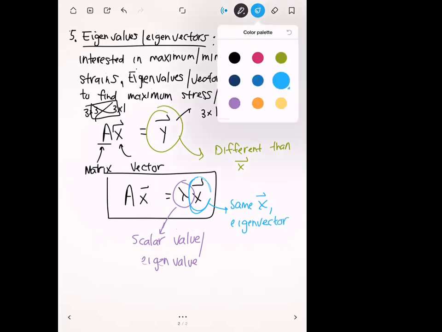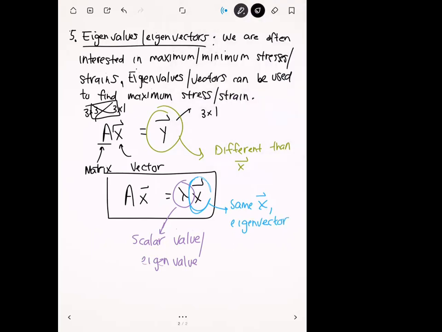For a given matrix A, it could be any matrix A, there usually exists some combination of an eigenvalue and an eigenvector that makes this condition true.